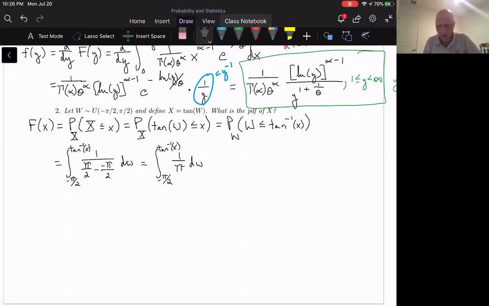Now you can use the first fundamental theorem of calculus like we did in the first problem, but in this case, the integral is really easy.